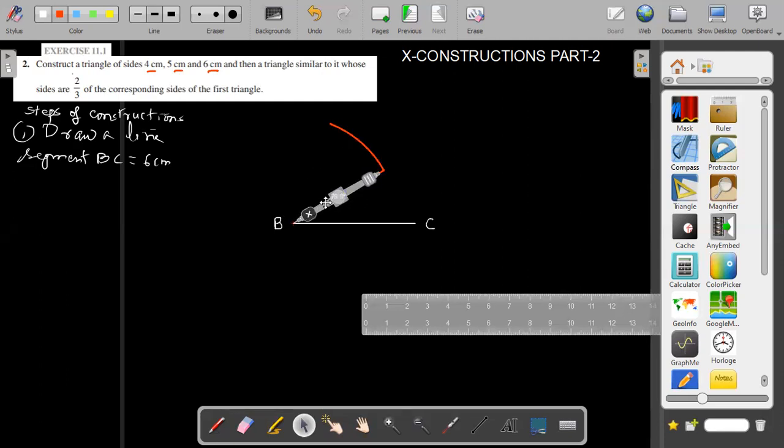Now this is 5 centimeters. Now you have to take 4 centimeters.